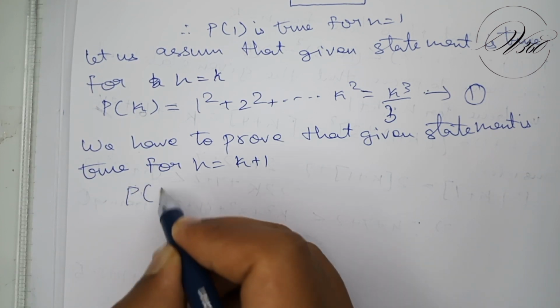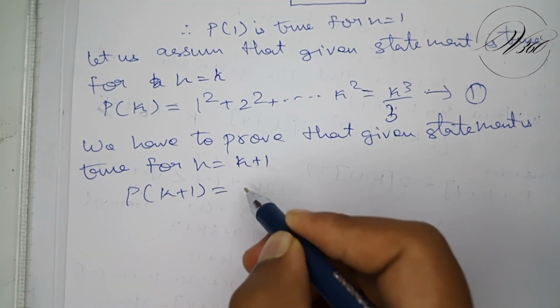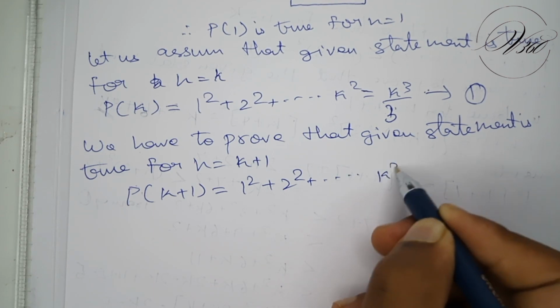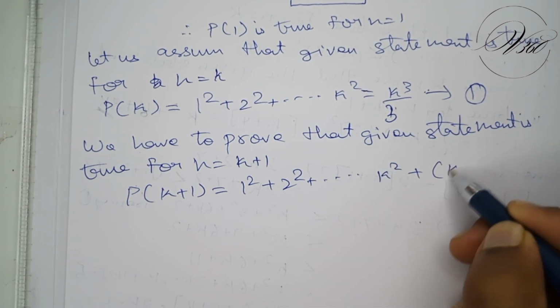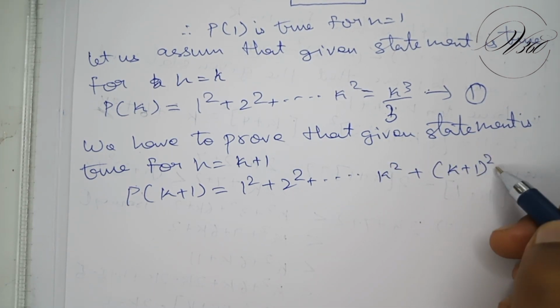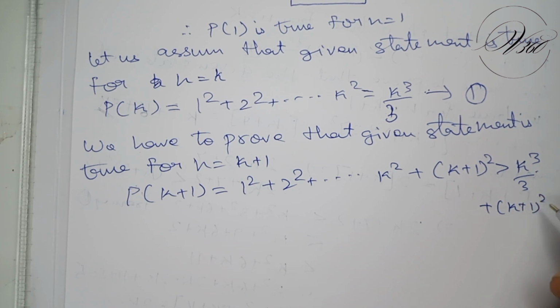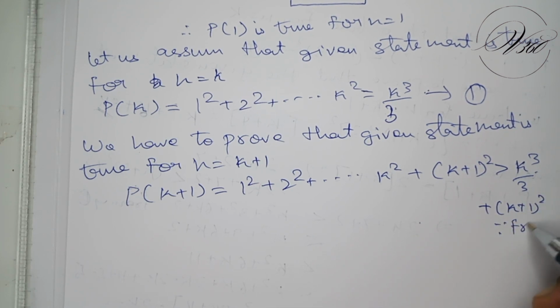So here P of k plus 1 is equal to 1 square plus 2 square plus up to k square plus k plus 1 whole square, which is greater than k cube by 3 plus k plus 1 whole square. This is from equation 1.